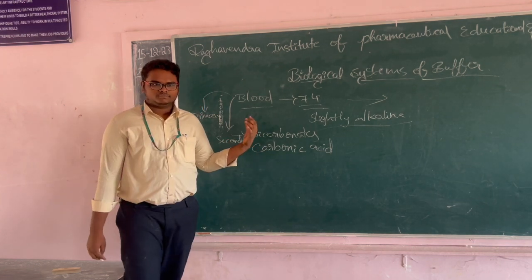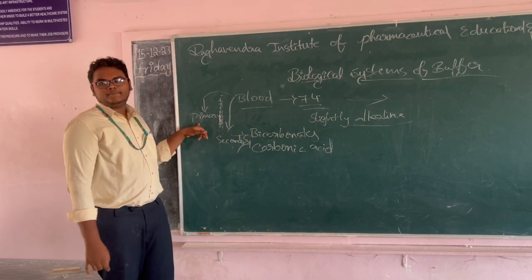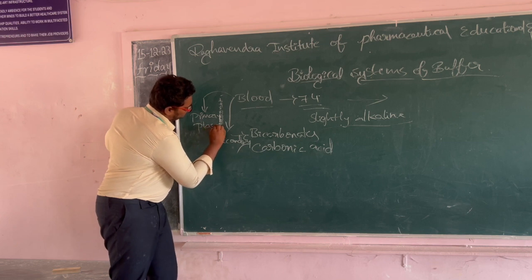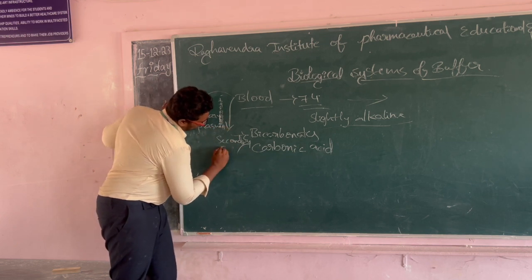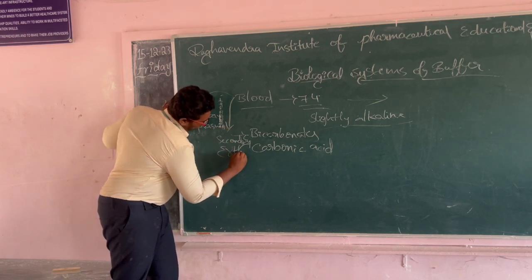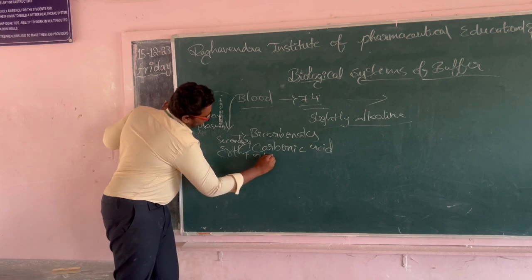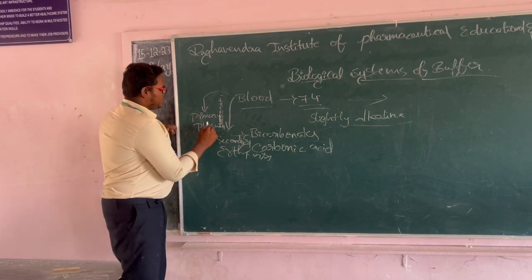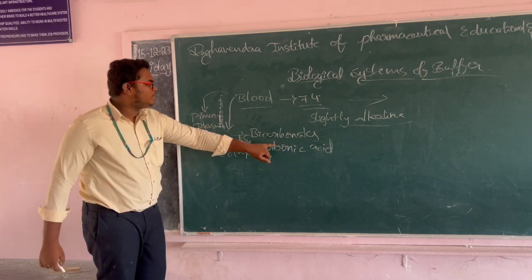Are you understanding what I'm saying? The primary buffer is present in plasma. The secondary buffer is in erythrocytes or RBC cells. Note this down, it's very important. The plasma primary buffer contains bicarbonate and carbonic ions.